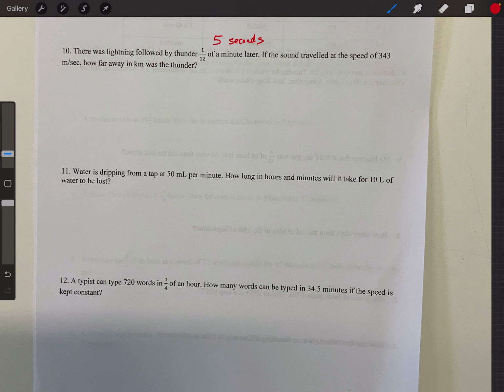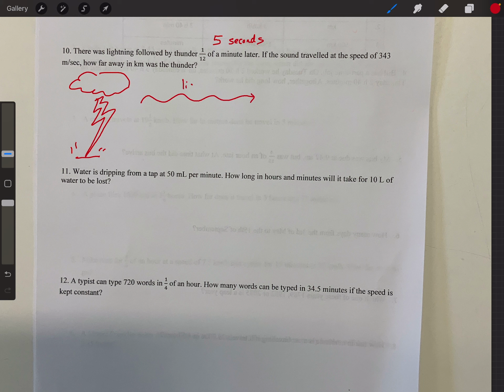If the sound travels at the speed of 343 meters per second, how far away in kilometers was the thunder? So what's happening is this here. I'll show you. So there's a cloud, there's a lightning. So when the lightning hits the ground, right, two things happen. The light flash from the lightning is going to travel out.